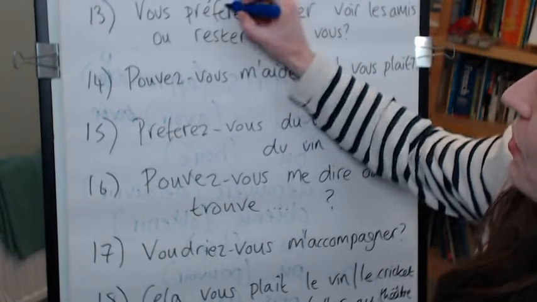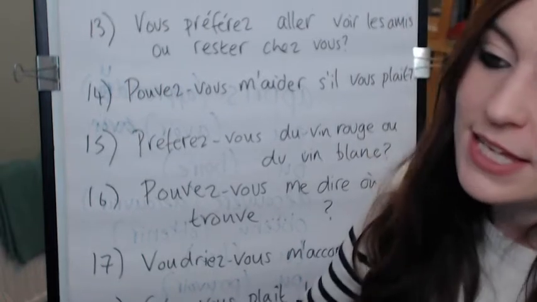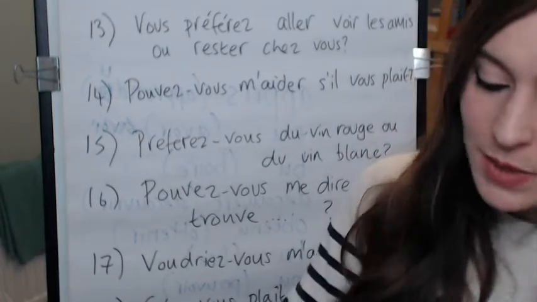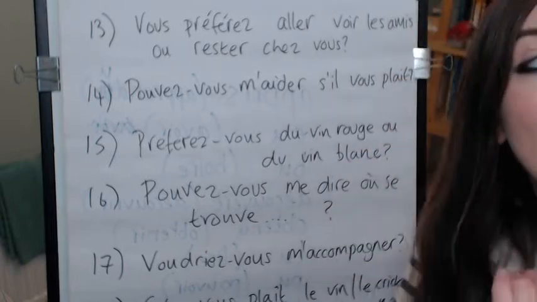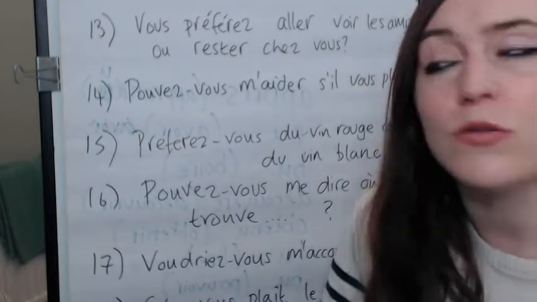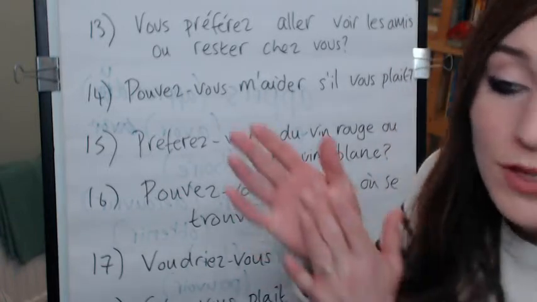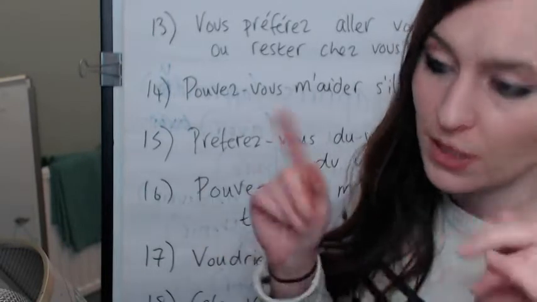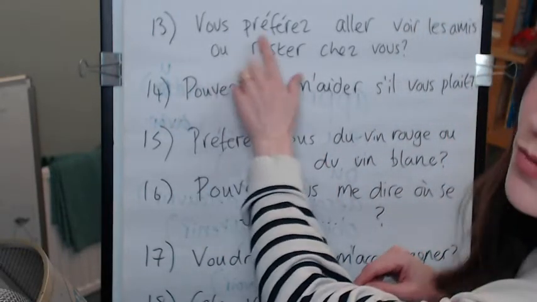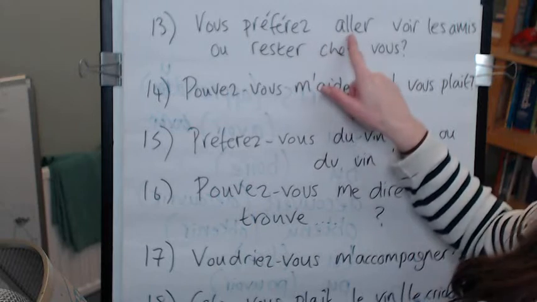Okay, let's have a look at what we've got here. So we've got vous préférez. This is useful because it's a little bit like the verb vouloir, or devoir, or savoir, or pouvoir. Kind of modal verbs. Verbs that can be followed by an infinitive verb. So here we've got vous préférez aller. Do you prefer to go?